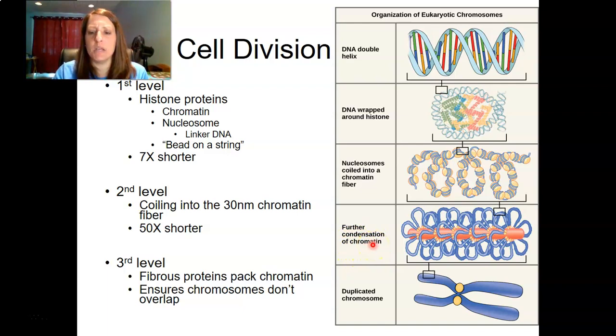Now those get even more tightly coiled and even more proteins become associated until we end up at our third level of chromosome compaction, where we have actual chromosomes that are completely done. And what we're seeing down here, in this last box, is a chromosome formed after DNA replication. You can see it has one complete arm there, and here's that second complete arm.